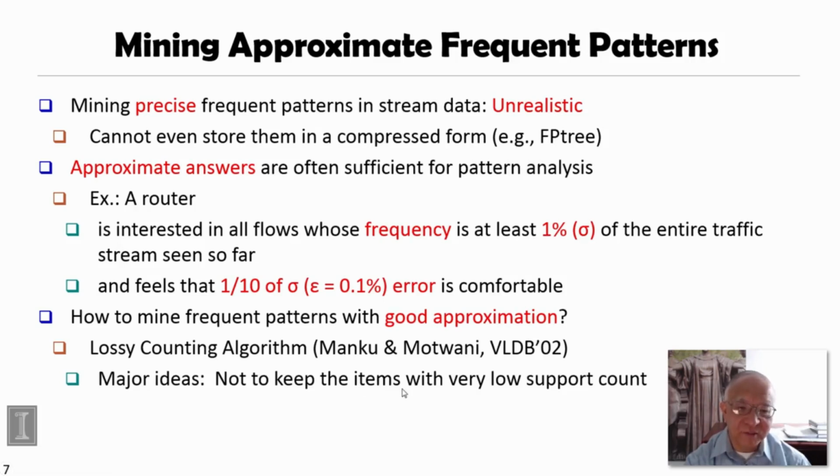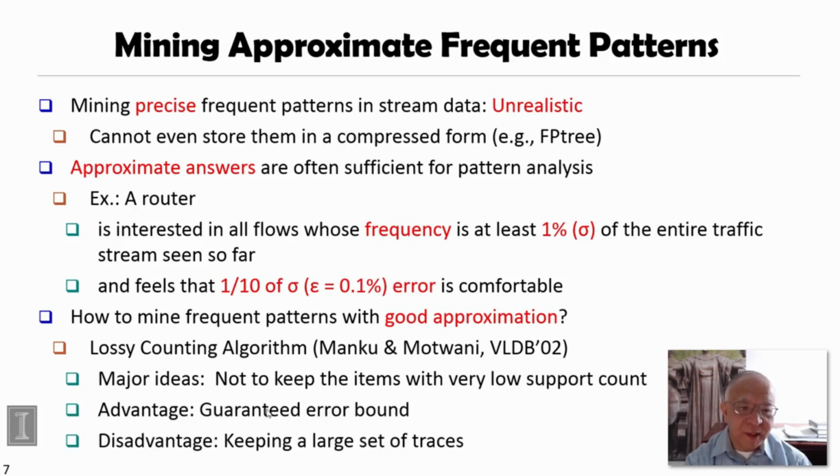If they're very low, they are unlikely to reach the frequency threshold, so you do not even keep them. The advantage is you can guarantee some error bound. That means I actually find all the frequent items. But of course, you still need to keep a reasonably large set of traces. Your buffer size should be rather big.